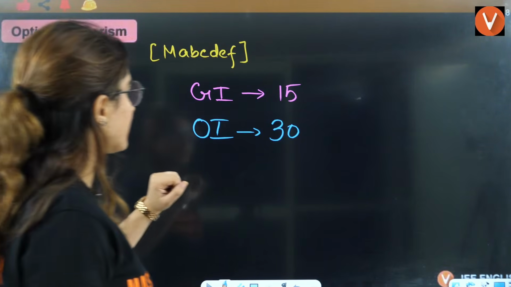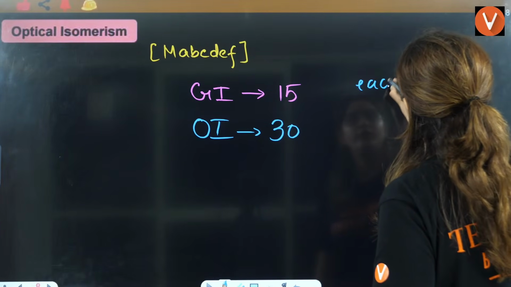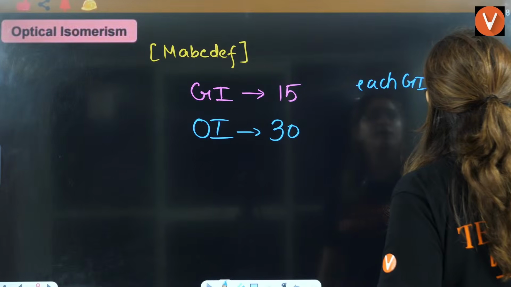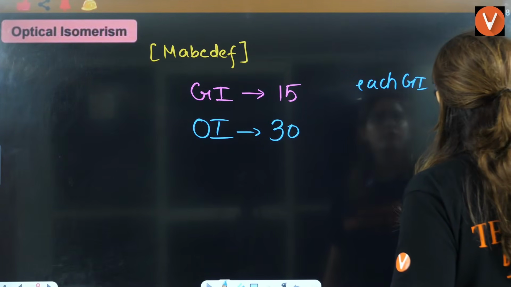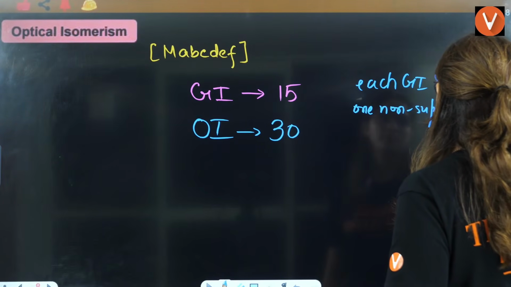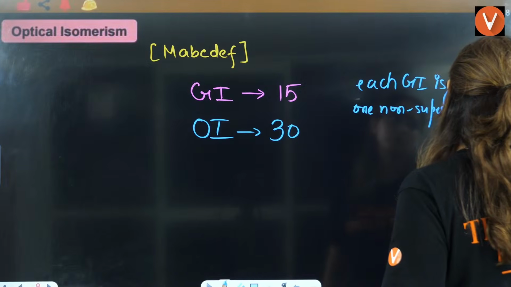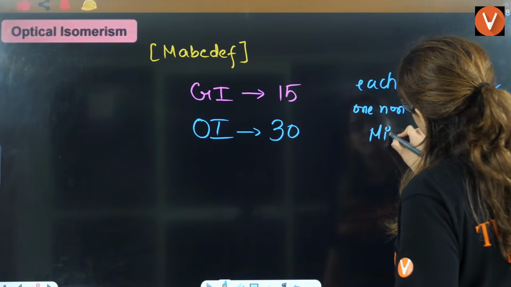If I see this here, each GI is forming one non-superimposable mirror image.